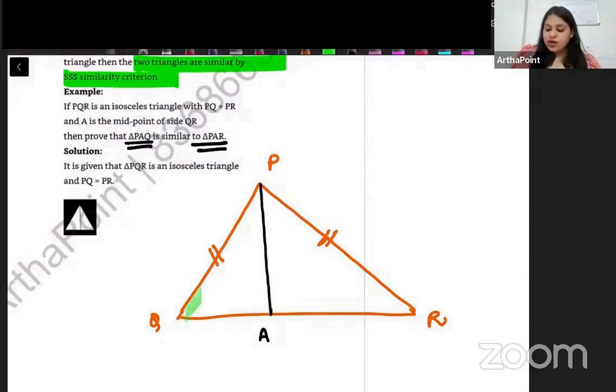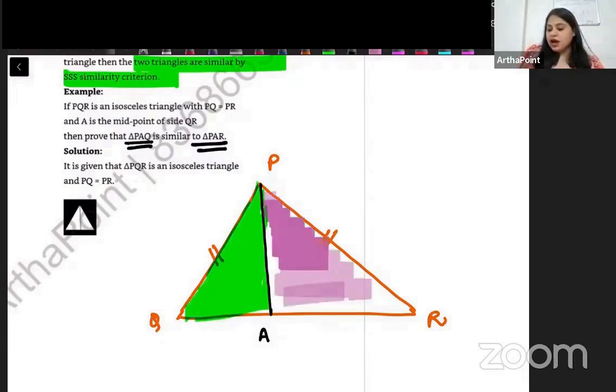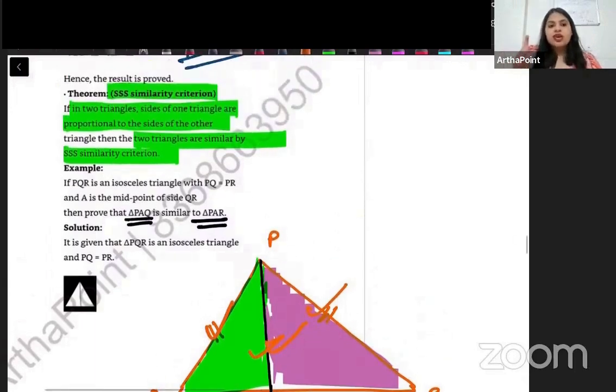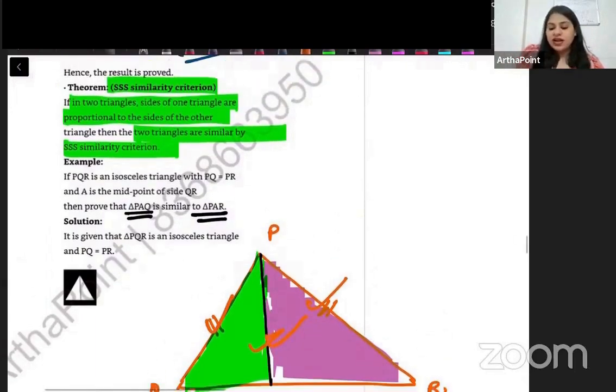So just have a look, beta. In triangle PAQ, and in triangle PAR, can you see that one side is equal, one side is common? So beta, दो sides equal हो गई ना? So if the sides of one triangle are proportionate to the sides of the other triangle, the triangles are similar to each other.